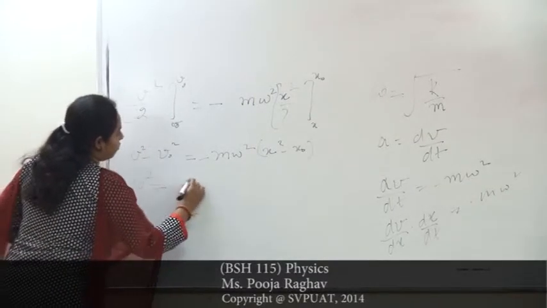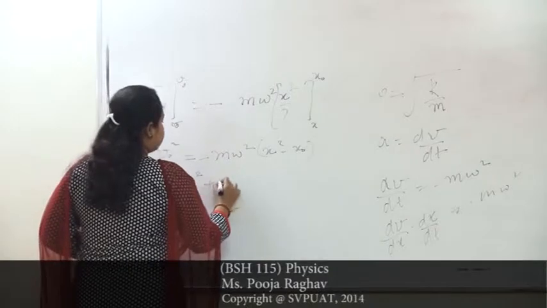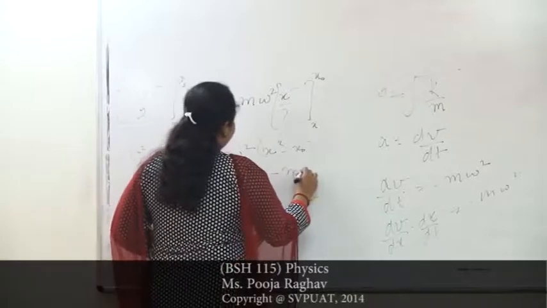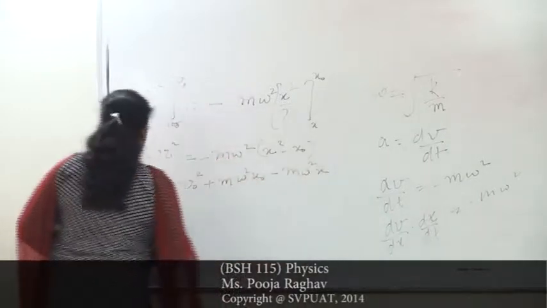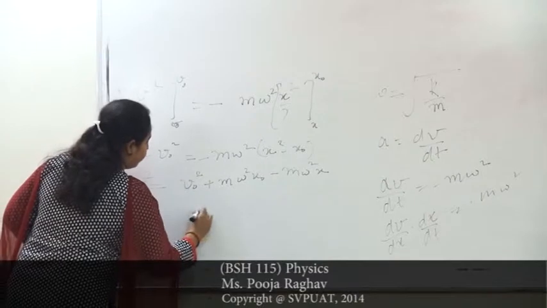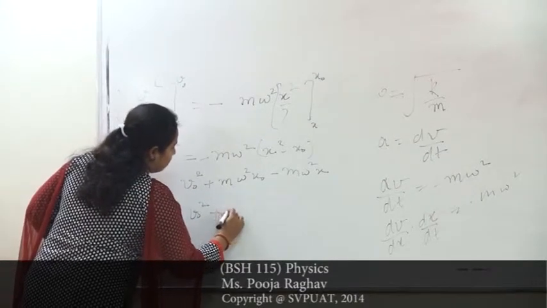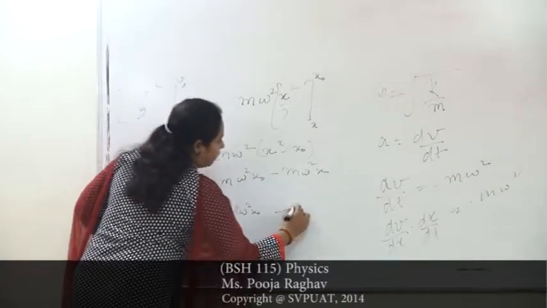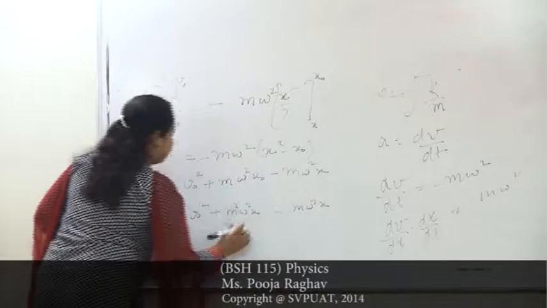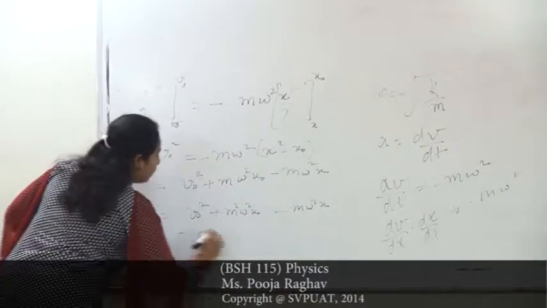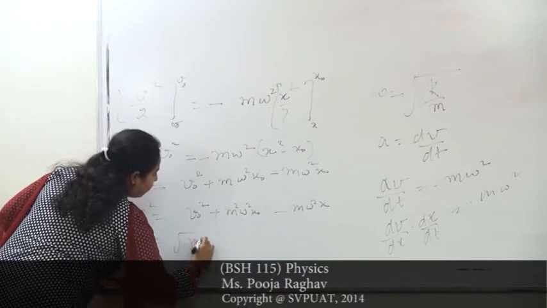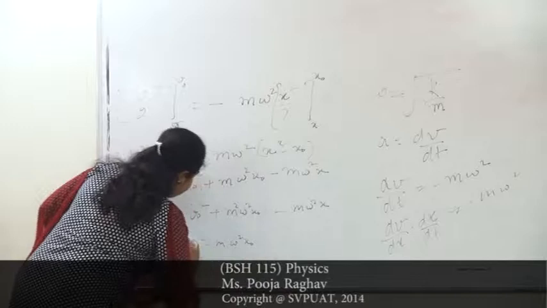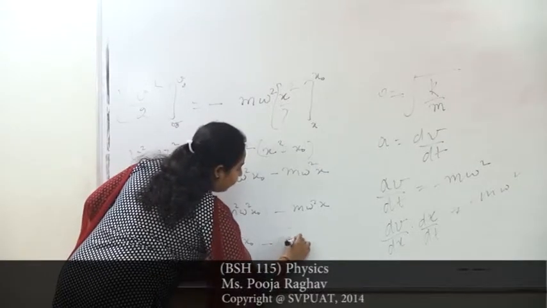v square equals v naught square plus omega square x naught square minus omega square x square. Then taking the square root, v equals the root of v naught square plus omega square x naught square minus omega square x square.